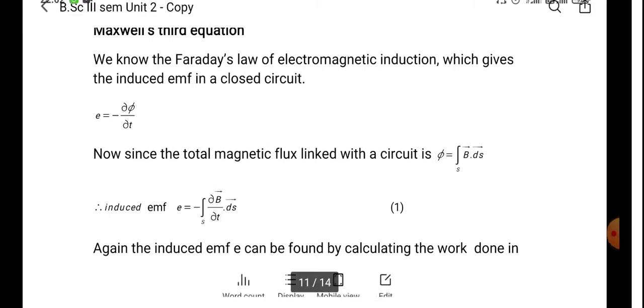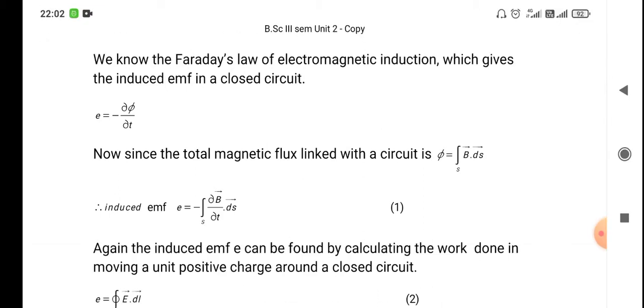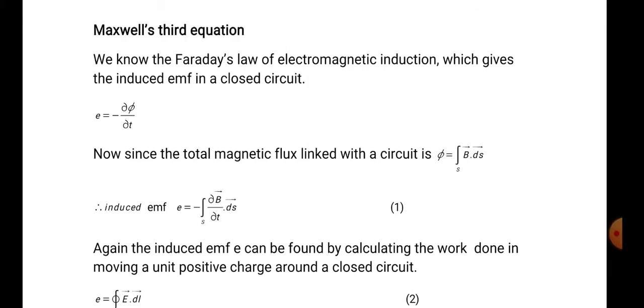We know the Faraday's law of electromagnetic induction, which produces an induced EMF in a closed circuit, and this EMF E is equal to minus del phi by del t, where phi is the magnetic flux.